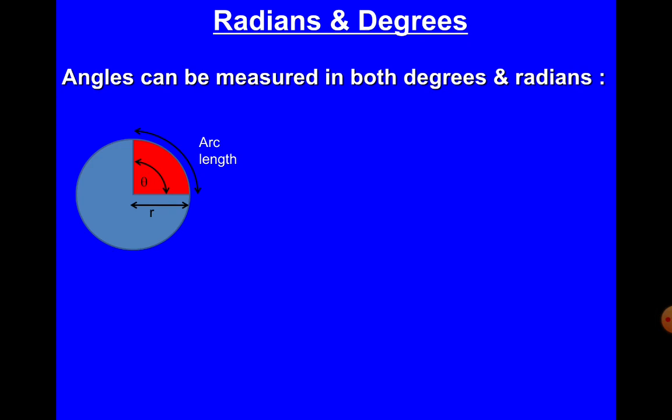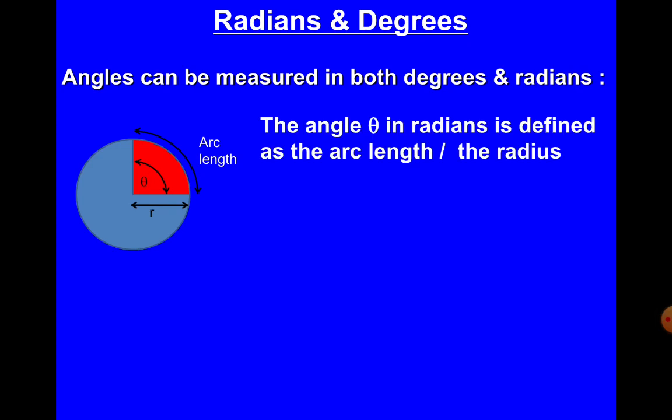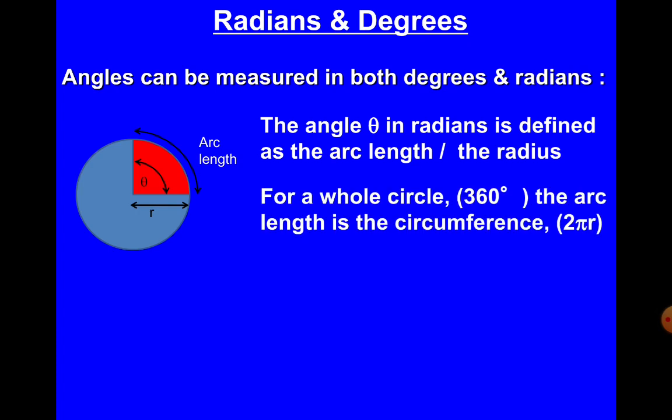So angles can be measured both in degrees and radians, and the angle in radians is defined as the arc length divided by the radius.